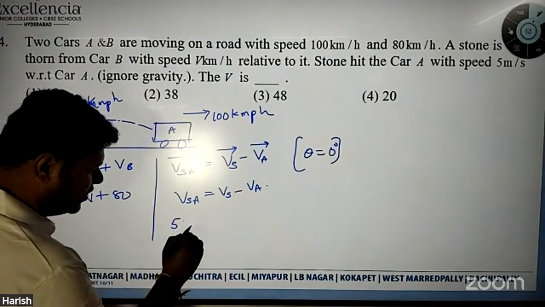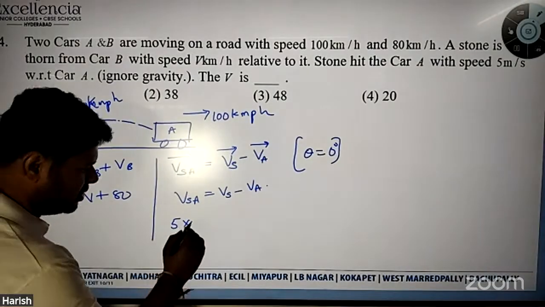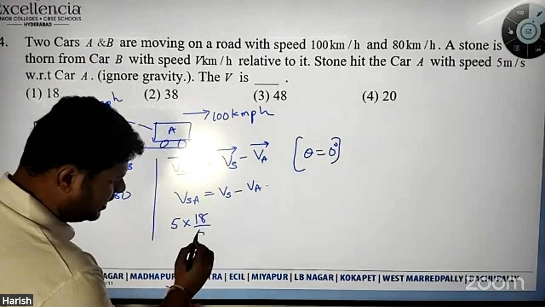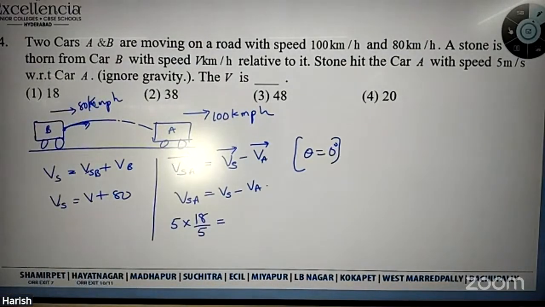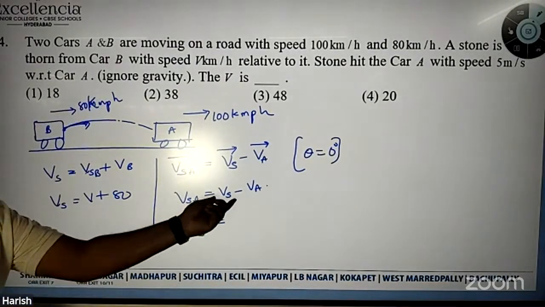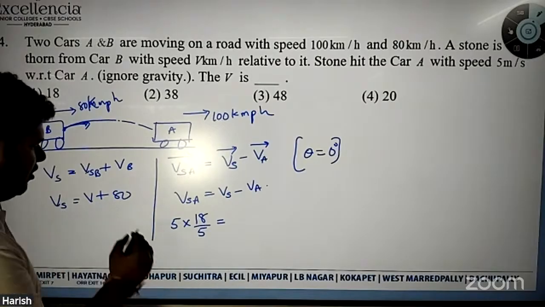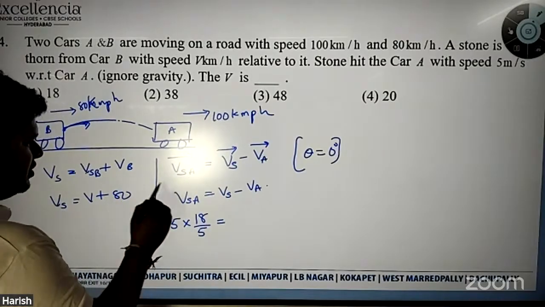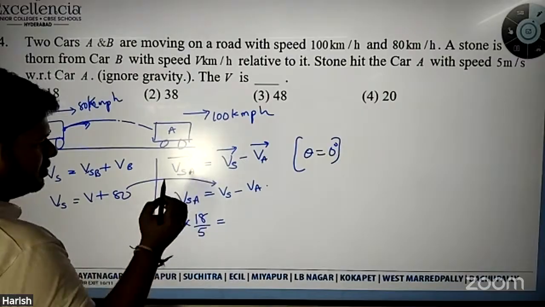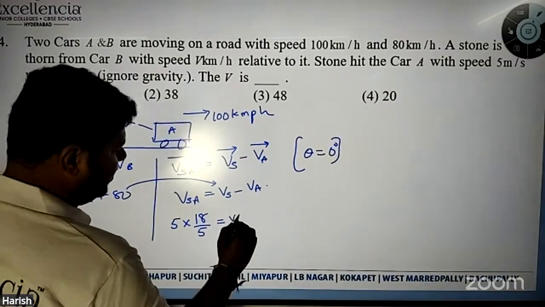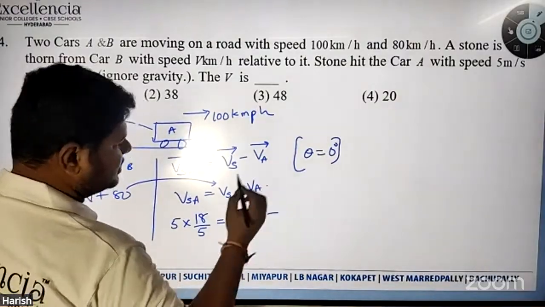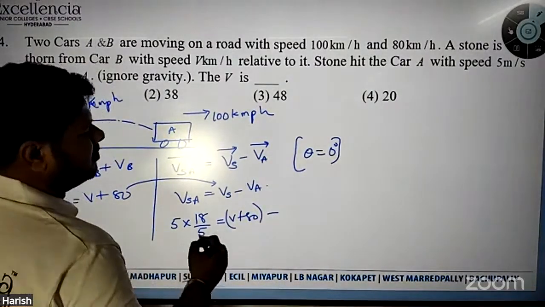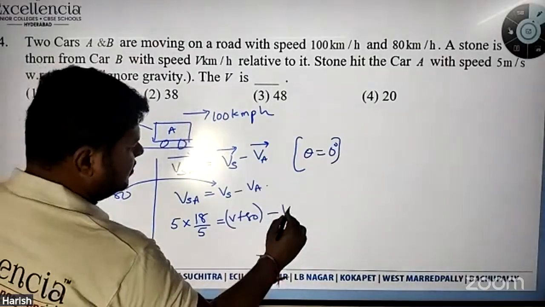Let us convert that into kilometers per hour. So we should multiply by 18 by 5, which gives 18 kilometers per hour. The speed of the stone we already got, which is V plus 80, minus the speed of car A, which is 100.